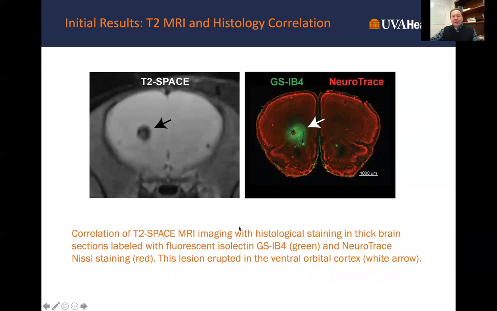We have found that the T2 SPACE sequence on our 7 Tesla machine at the University of Utah and University of Virginia detects the lesions with high sensitivity and precision, and we've done correlation with histological staining with NeuroTrace Nissl and isolectin IB4 labeled with fluorescent dyes.